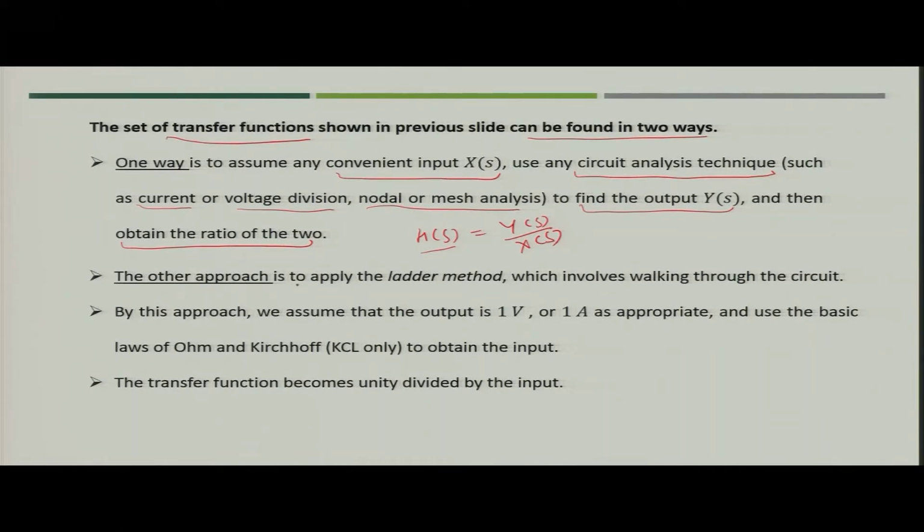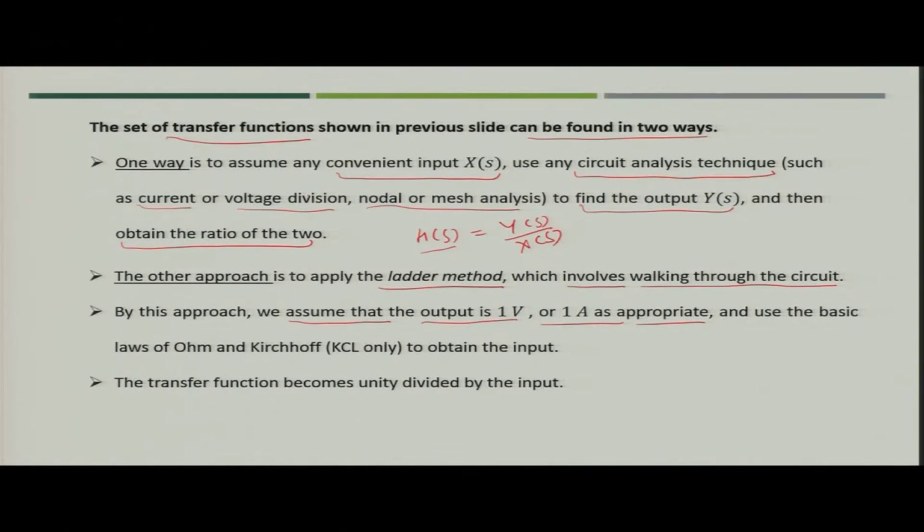Now, another approach which you can follow is called the ladder method. So, what does the ladder method mean? Basically, it involves walking through the circuit. In this approach, we assume that output is 1 volt or maybe 1 ampere or as appropriate.